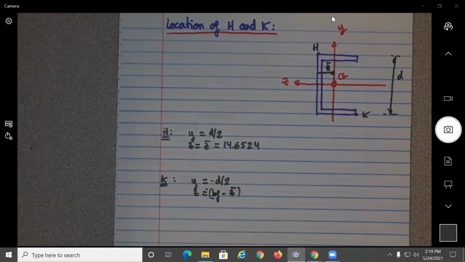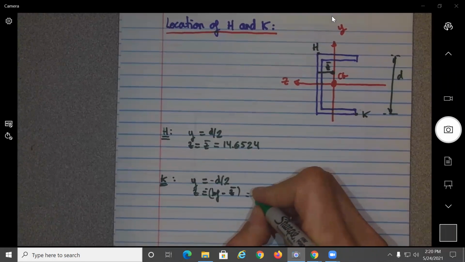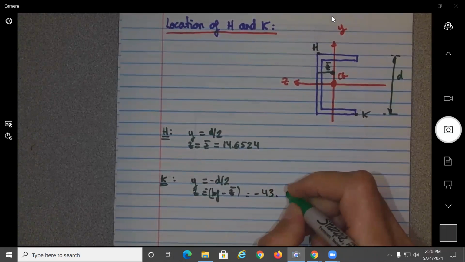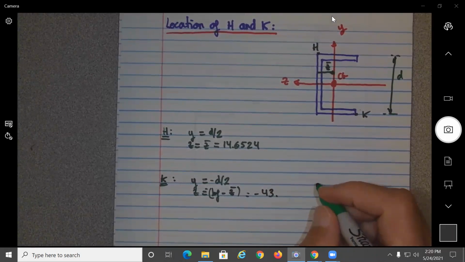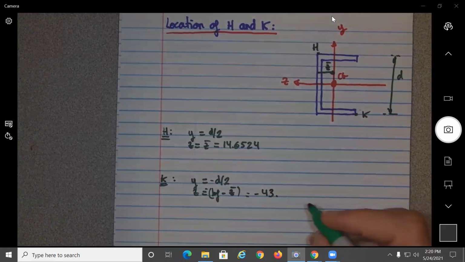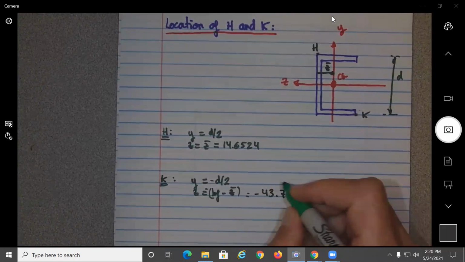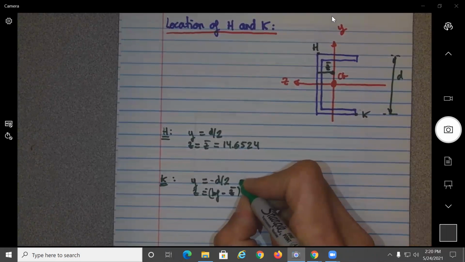And I don't have that value, unless you tell me how much BF was equal to, because maybe somebody can do the calculation. BF is 58.4. So 58.4 minus 14.6524 is 43.747.